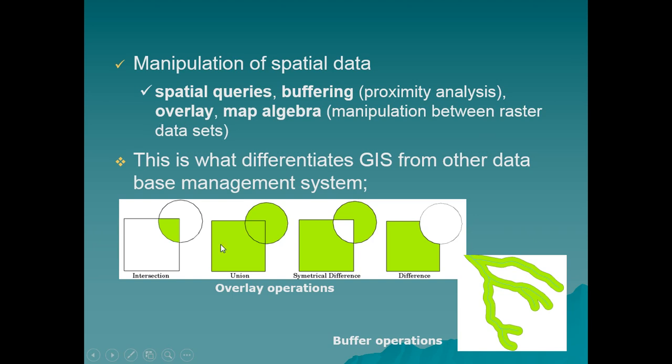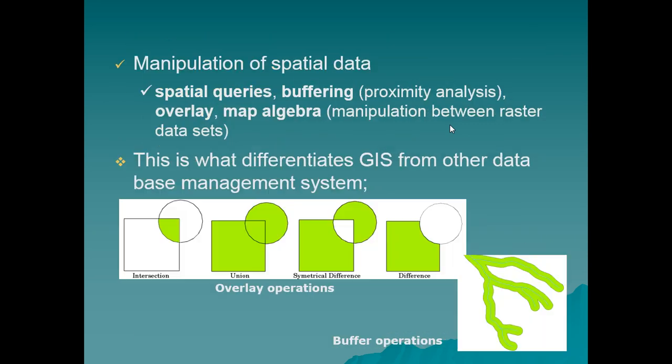Overlay, as I said, all of these here are examples of overlay operations. We mentioned buffering. If you recall, this is an example of a buffering operation and the results generated here. And then we also have map algebra. Map algebra is more specific to raster data sets.